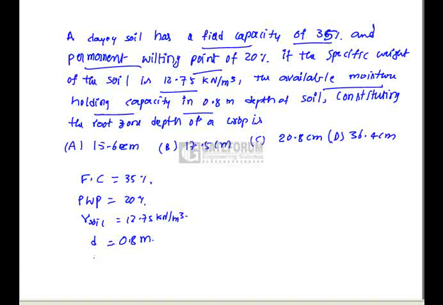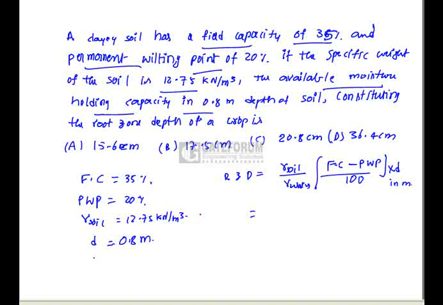Available moisture content is equal to gamma of soil by gamma of water, into field capacity minus permanent wilting point by 100, into D in meters.